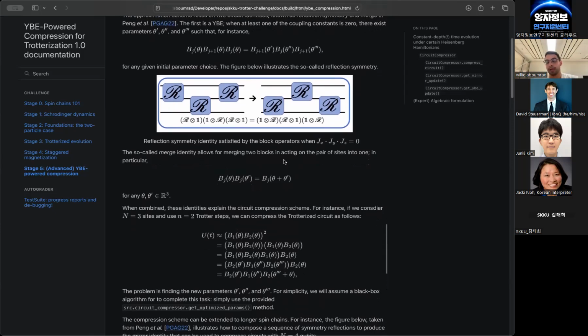And again, as in the previous stages, this will be broken down into a few different tasks. The first one is to implement this single Yang-Baxter move or reflection symmetry.